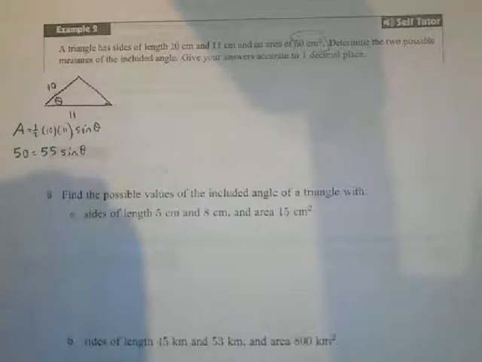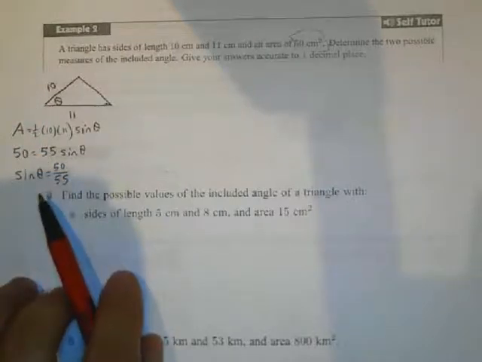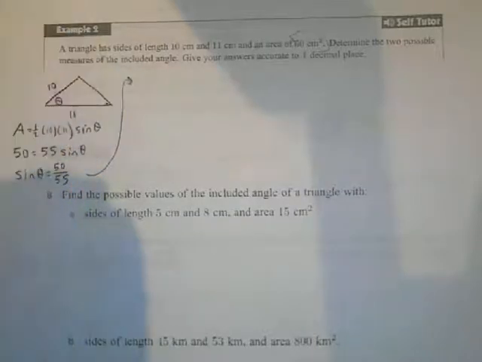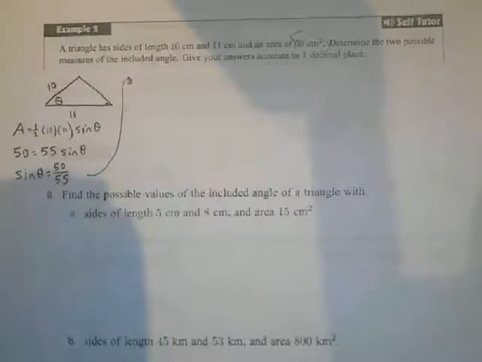Sine of theta. And then I divide both sides by 55, and I get sine of theta equals 50 divided by 55. Now to figure out my angle, I have to do an inverse sine function.